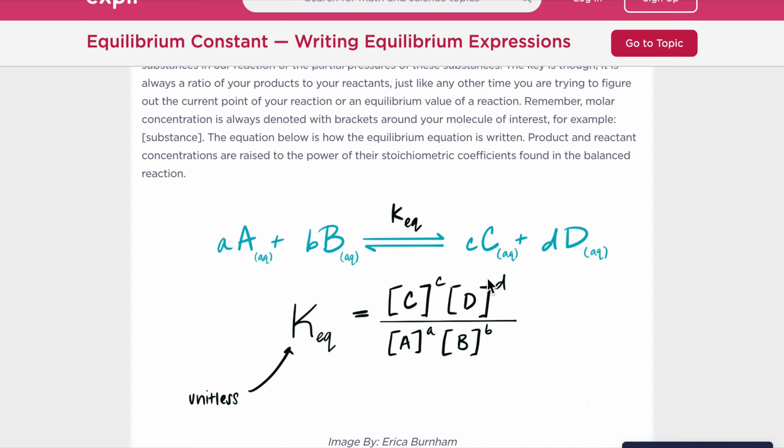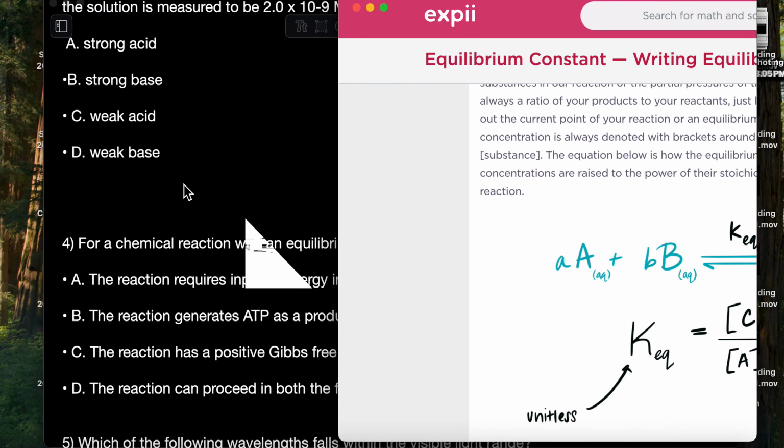So if you have a lot of products and not many reactants, that means our reaction is spontaneous, and the equilibrium constant is more than 1. If you have many reactants but not many products, this number is going to be less than 1, which means our reaction is non-spontaneous. Now let's go back to the question.